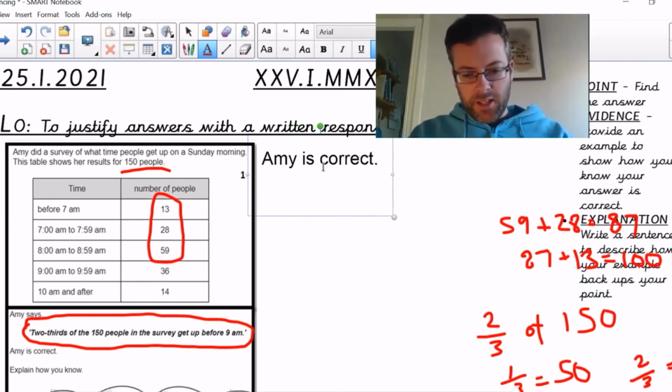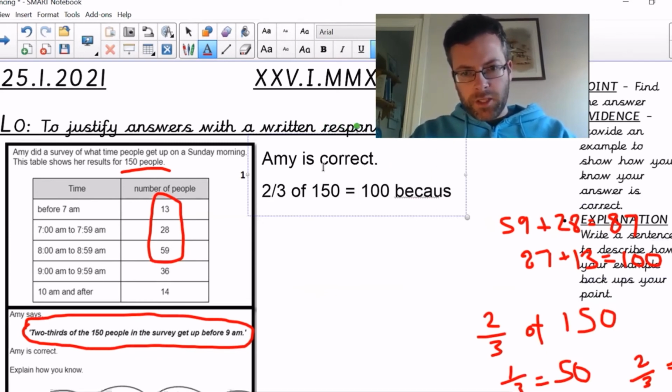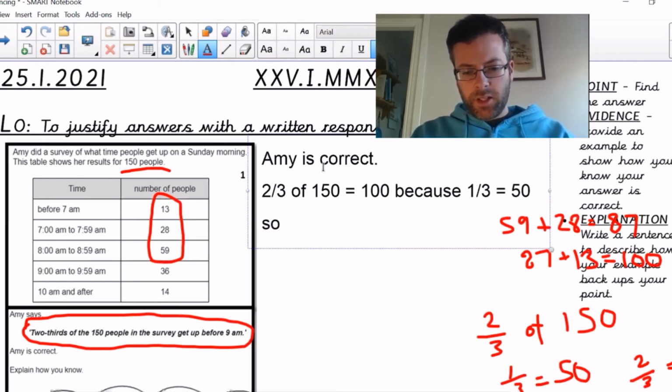So I would say that 2/3 of 150 equals 100 because 1/3 equals 50. So 2/3 equals 100.